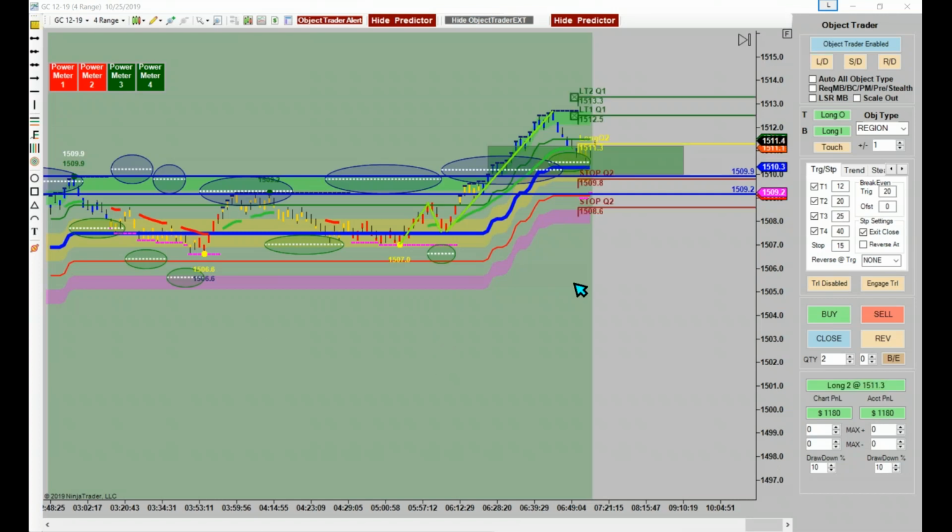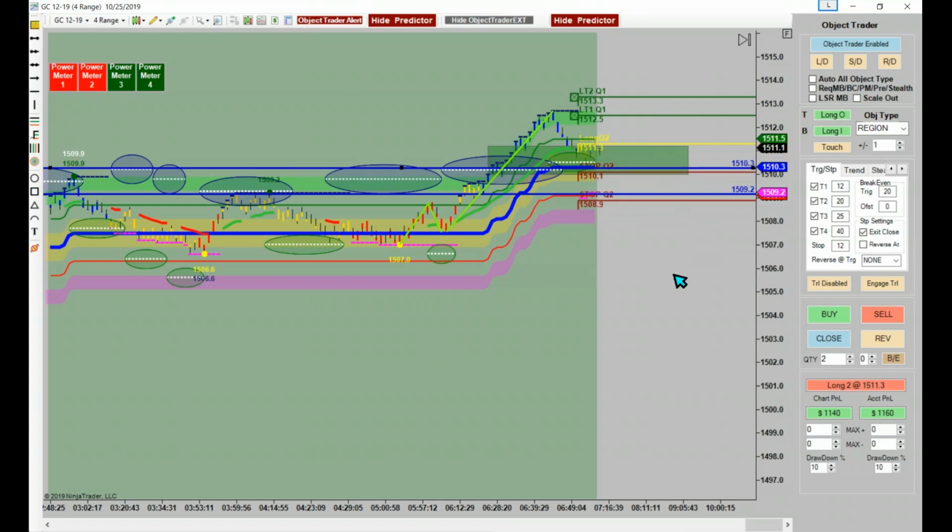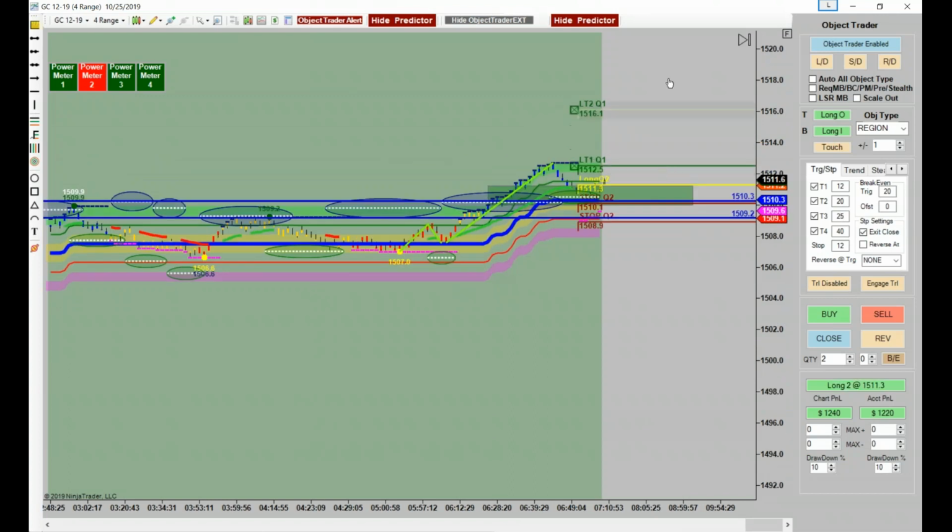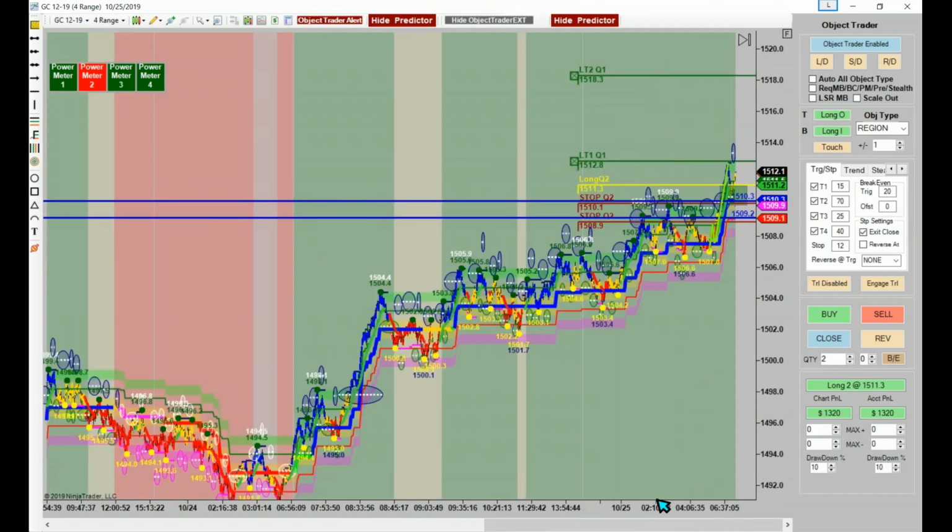Looks like we're in. All right, we're going to put our stop nice and tight. It's right there under mid-band. Exit on close. Get one out of the way. One up there at the top. Ride your runner.